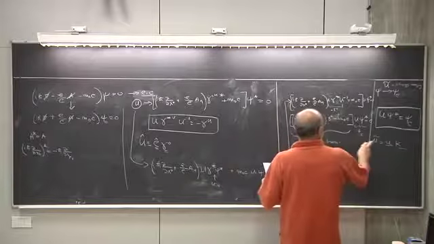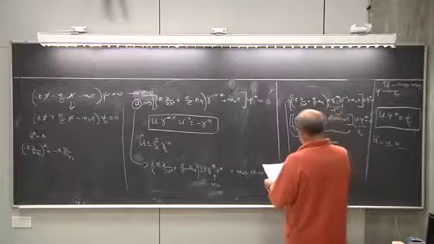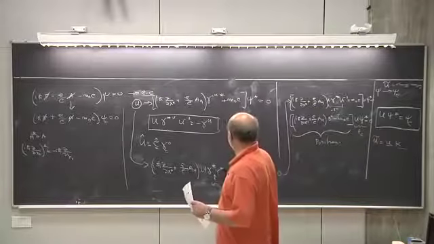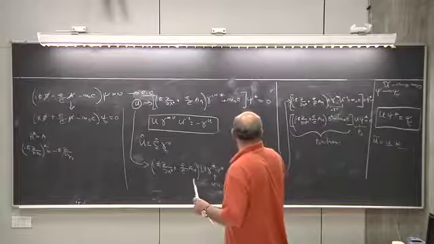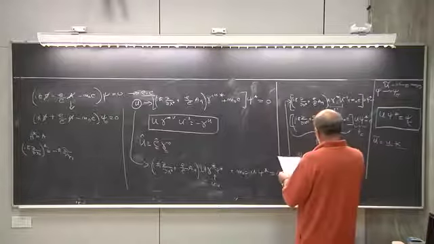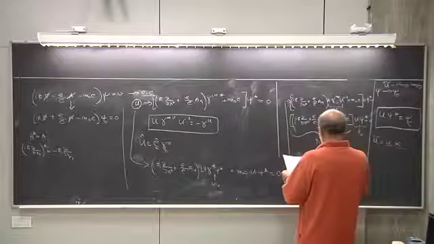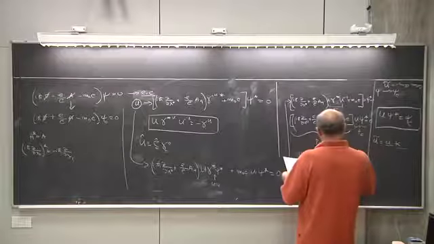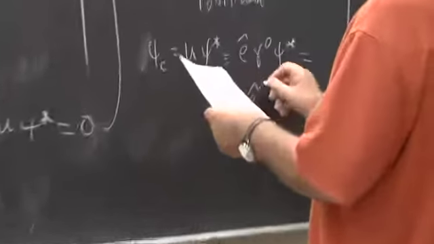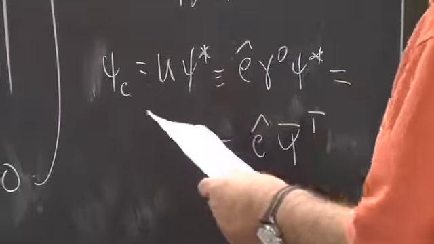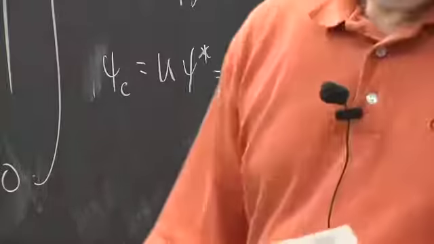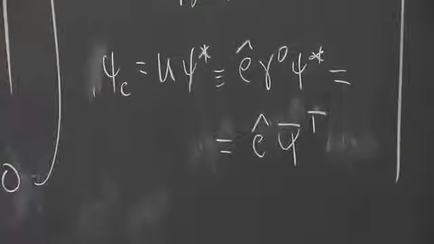So basically now we have seen that psi c is U psi star, and this is C gamma 0 psi star. C is an operator, it's not the velocity of light. This object can also be written as C, and this is psi bar transposed.